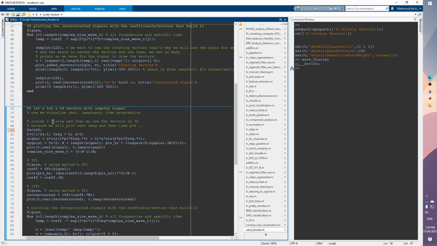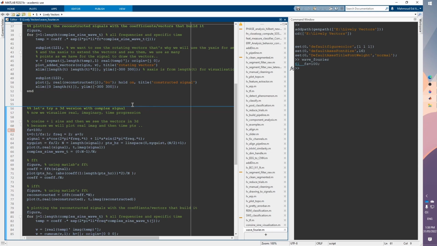Here I'm just constructing a signal, so it will have this form, cosine plus i sine. And this signal is now 3D. What I mean by that is you have a real part, imaginary part, and you are progressing in time. So we can almost think of this as having the real, the x-axis, and the imaginary, the y-axis, and then you have progression in time in the z dimension.